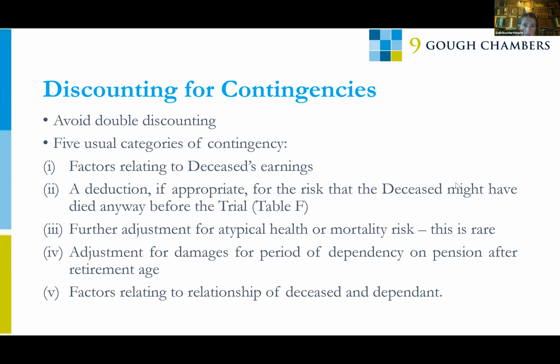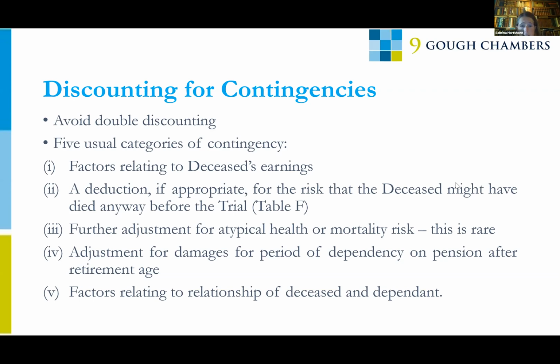Now, the explanatory notes remind us to avoid double discounting, and essentially they're reminding you of any adjustments you make to impaired life expectancy, etc. So they essentially outline 5 categories of contingency, with the proviso that in most cases practitioners will only need to concern themselves with categories 1 and 2.